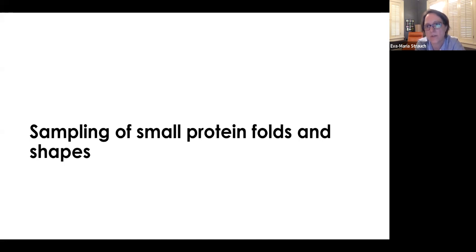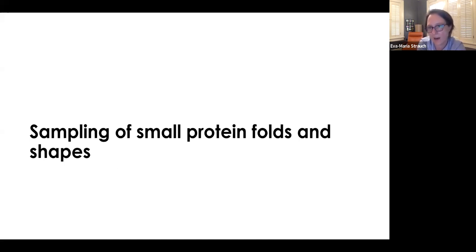That allows you to make more folds and more complex folds. The idea is that if you want to make binders, you need to have a lot of shapes, and that's essentially the idea here.